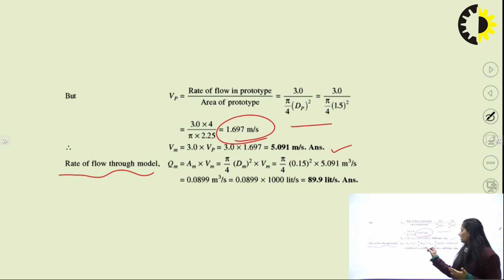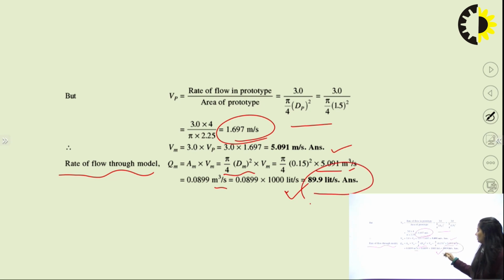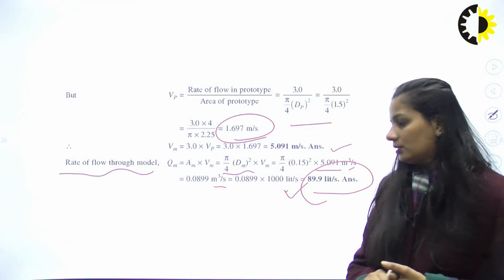Area you can calculate because the diameter of the model is given as 0.15, and the velocity of the model you have just calculated as 5.091. Just calculate it in this formula and you get 0.0899 meter cube per second. Multiplied by 1000, you get the answer in liters per second.